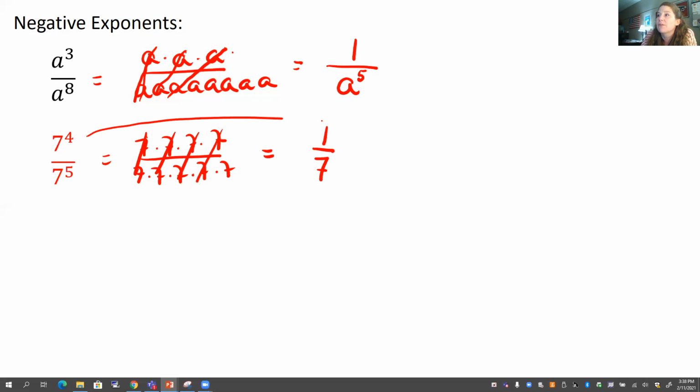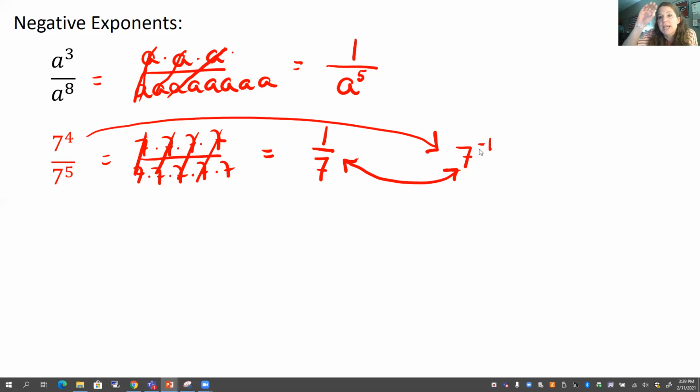Or if I think about the rules, I'm just going to think, what's 4 minus 5? Well, 4 minus 5 is -1. That's why these two numbers equal each other. They are equivalent. It's not considered simplified if you leave a negative exponent in your answer, though. That's why it's important to make sure you end up with a fraction.